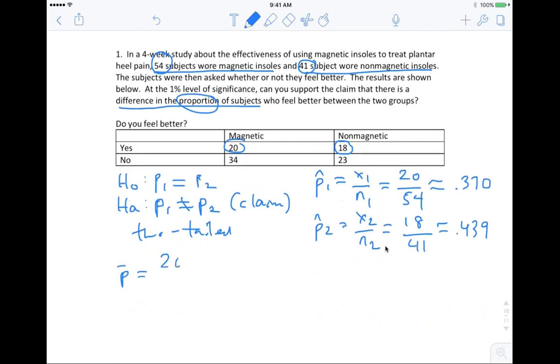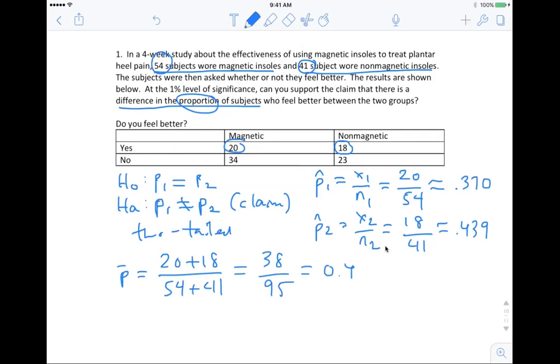So that's the 20 plus the 18, the top two from the P hats, and then on the bottom is the N's added together. Okay, so this is 38 divided by 95, 0.4. Exactly. All right, now we're ready to find that z-score.